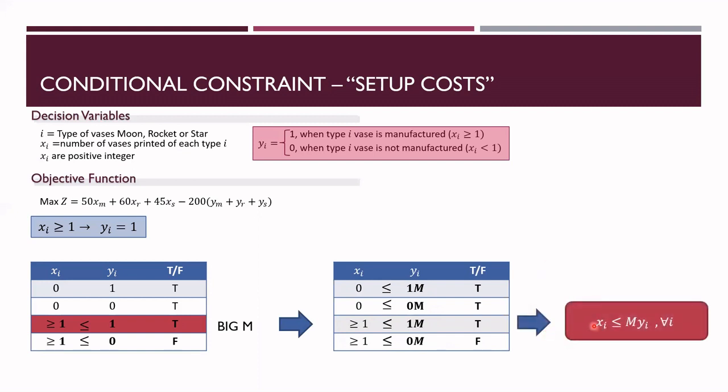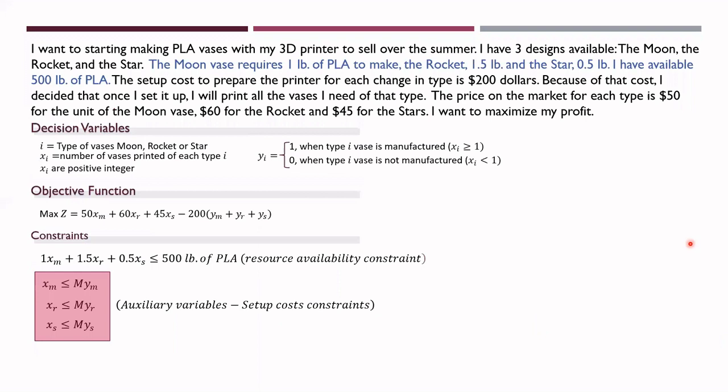That can be translated to the set of equations xy is less or equal to big M multiplied by yi for all the y's, and this will be written down in our model. So now we added for each type a different constraint that will ensure that any time I have any production of one type, I will have a setup cost accounted for here in the objective function.